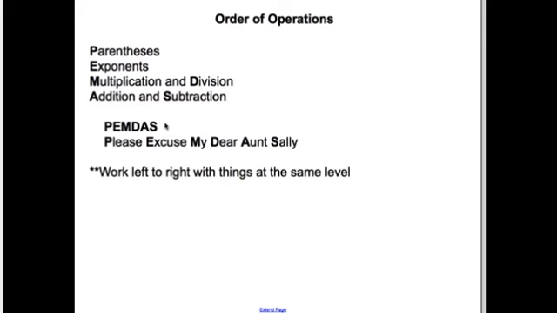Another way we like to remember it is with the saying, "Please excuse my dear Aunt Sally." And again, if you look at the first letter of each of those words, it tells you to remember parentheses, exponents, multiplication, division, addition, subtraction.